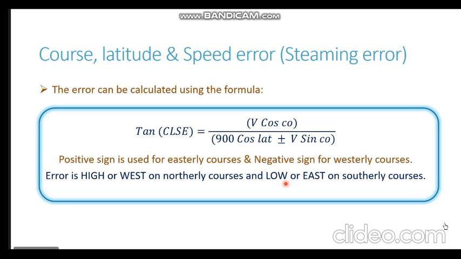You need to be careful about both these conditions because sometimes candidates get confused about which component is used to decide which of the factors. So always remember, the easterly and westerly component decides the sign in the denominator, and the northerly or southerly component decides the sign of the error, whether it will be east or west, low or high.